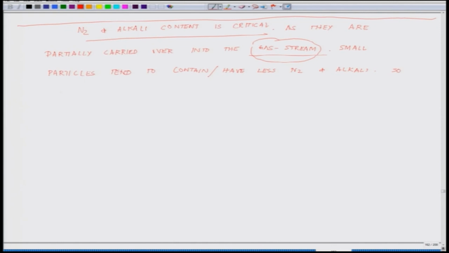So, fractionation into fine and coarse particles helps to produce a gas or product gas with fewer impurities.